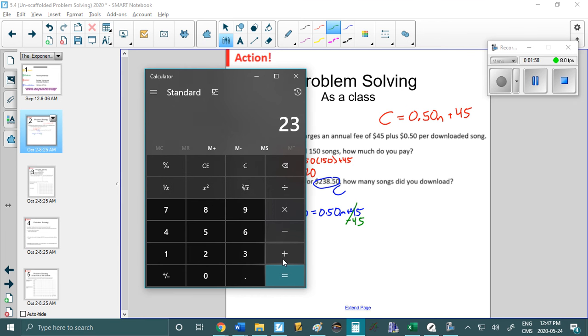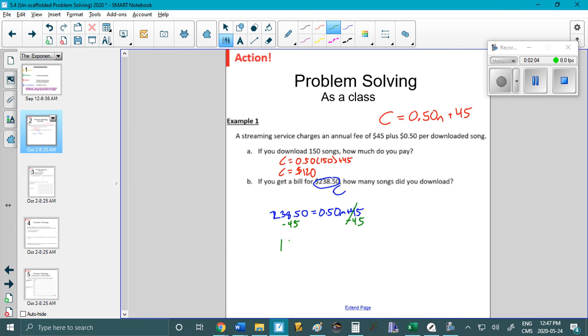So 238.50 minus 45 is 193.50 equals 0.50n. And so what this tells us is that if you take off that initial fee, you actually spent 193.50 on individual songs. Each song costs 50 cents, so we divide by 50 cents, or 0.50, or we divide by the number attached to n.